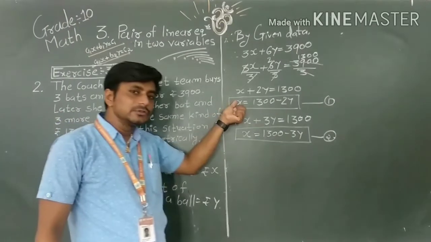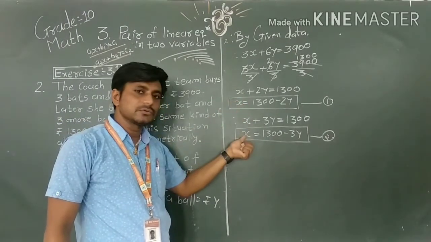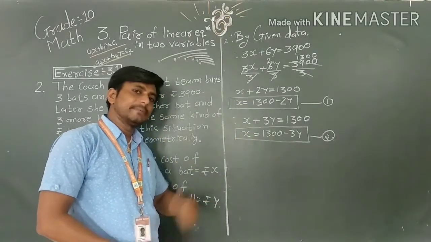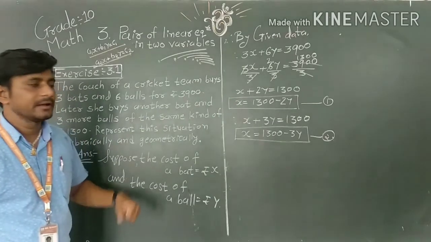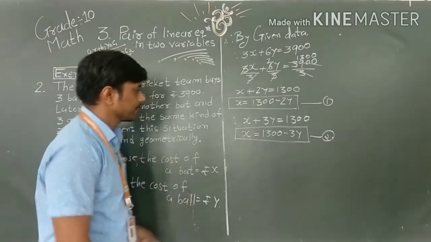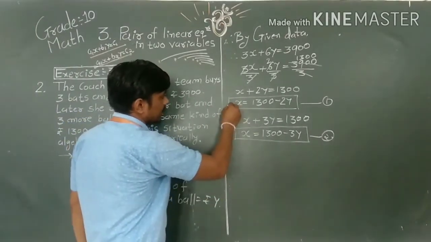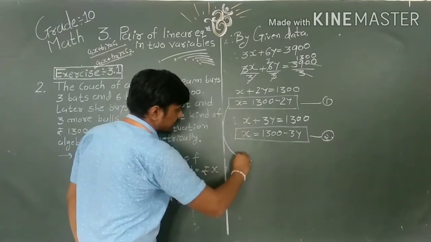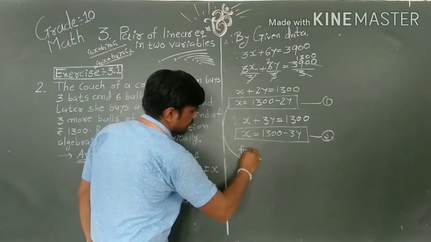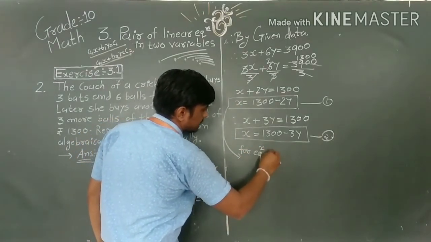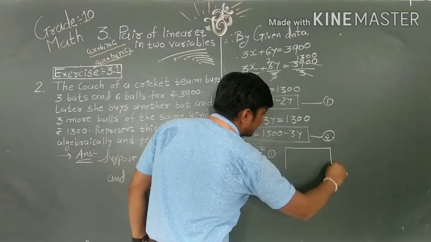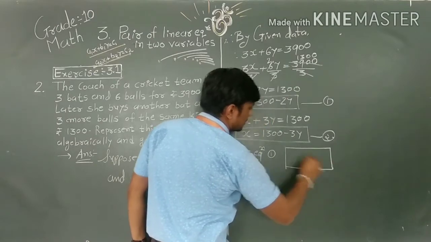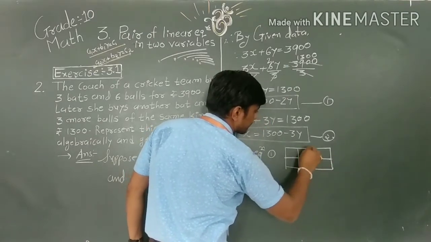We take some values for equation 1 and for equation 2 and get some points. After getting the points, we plot them on graph paper and see what happens. For equation 1, I take any two values randomly; you can take whatever you want.